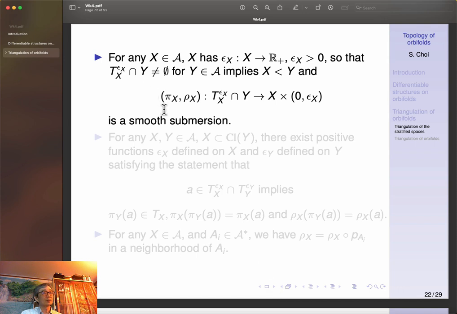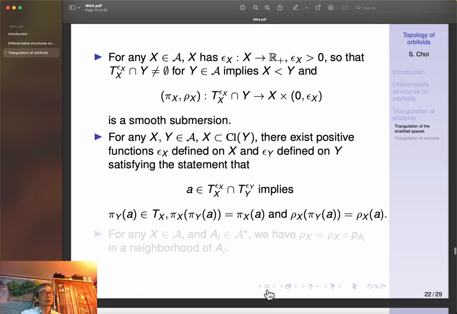Also, there are other compatibility conditions. If you have some other elements x in A and y in A, and that kind of thing. I don't want to really go through this, but there's this compatibility between the elements of A and their tubes and that kind of thing.